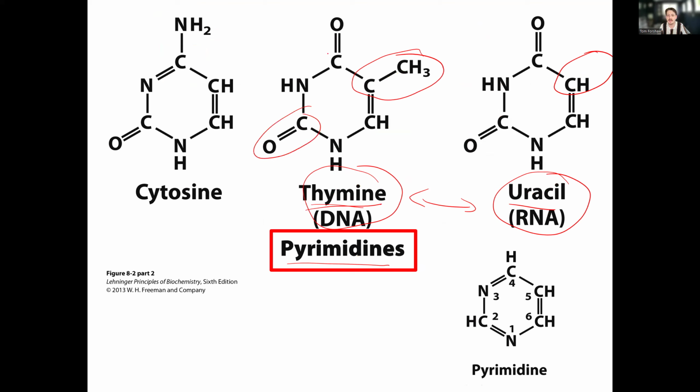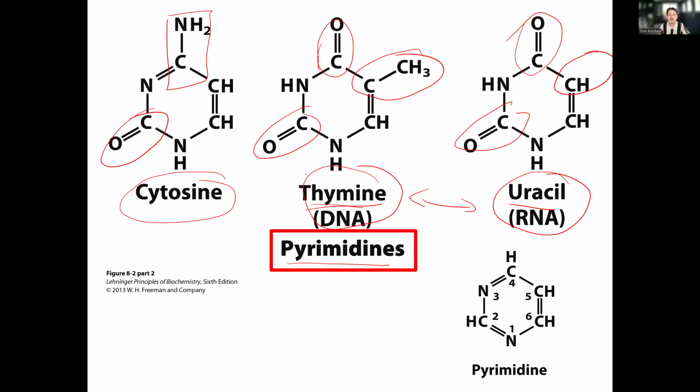But both of them have the carbonyl at positions 2 and 4. Cytosine is the other pyrimidine. It still has the carbonyl at position 2, but instead it's got an amine group at position 4. Now notice again that these are numbered 1, 2, 3, 4, whereas conversely in the sugars, I've done it again.